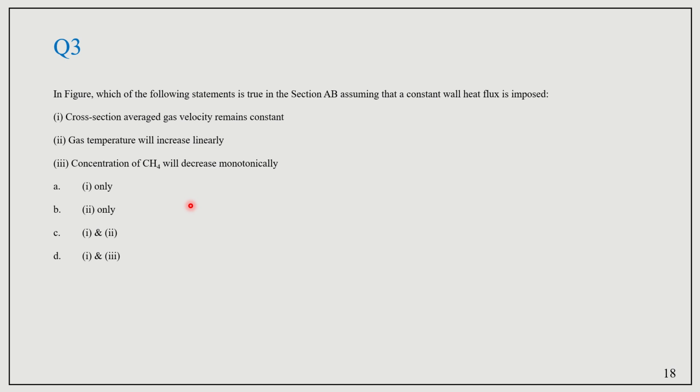Because we are externally heating the planes between A and B, and it is also mentioned that constant wall heat flux is imposed. So the gradient is constant, so the increase will be linear. So the answer is option B, 2 only.